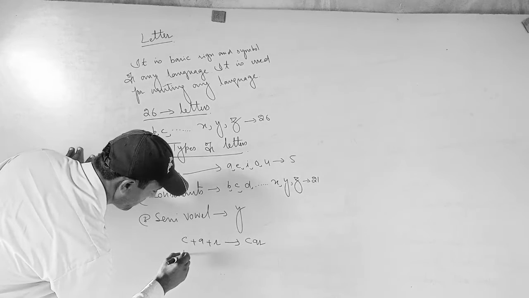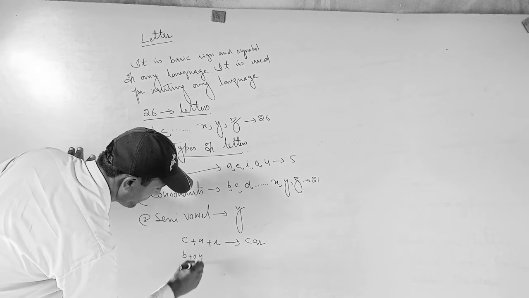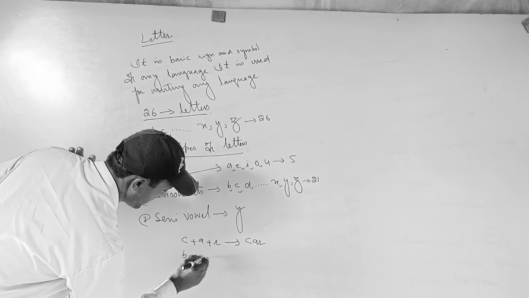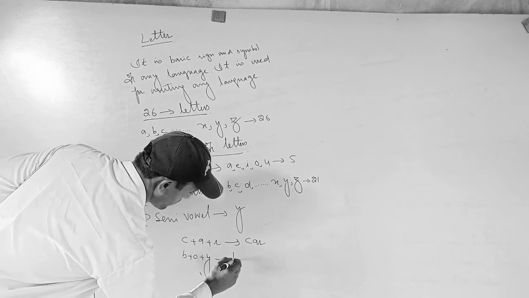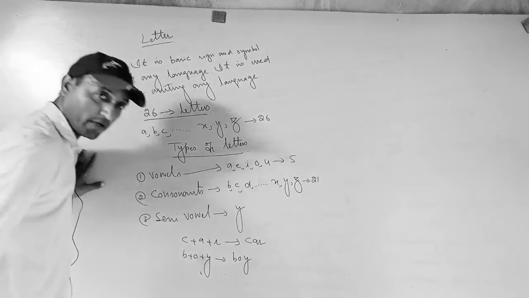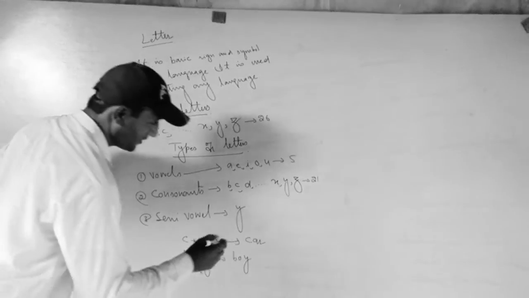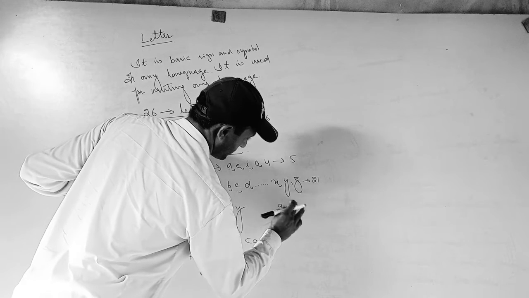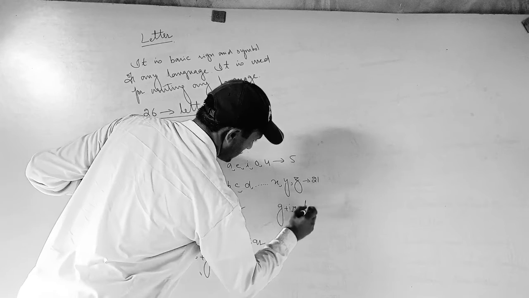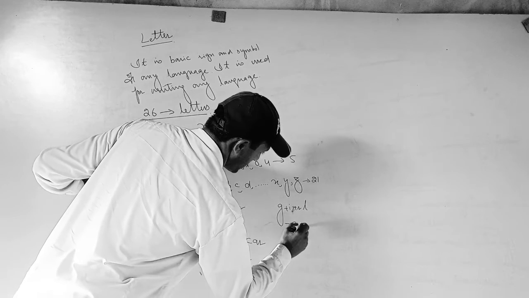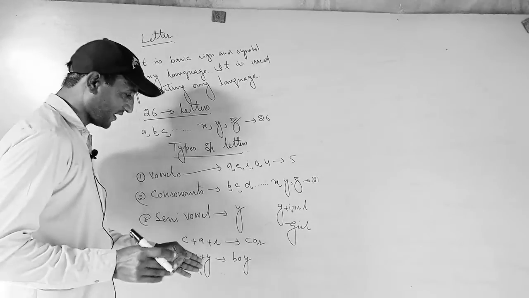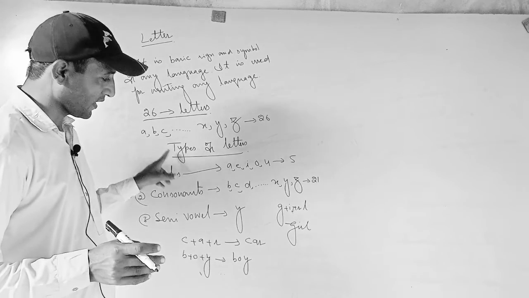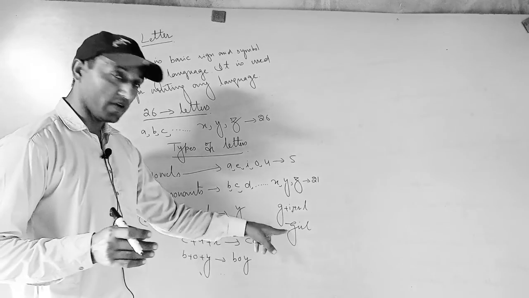And we have B plus O plus Y. This is a boy. And you will see also G I R L. This is a girl. Okay? These letters help us to form the words.